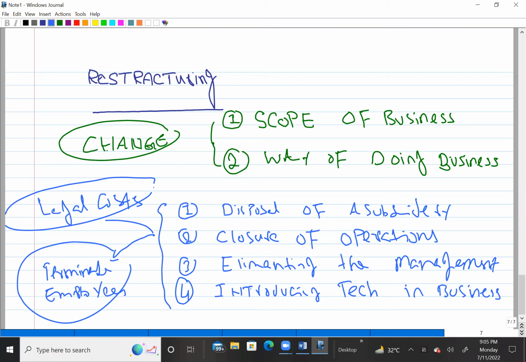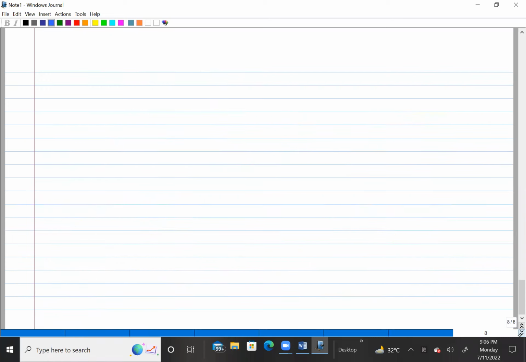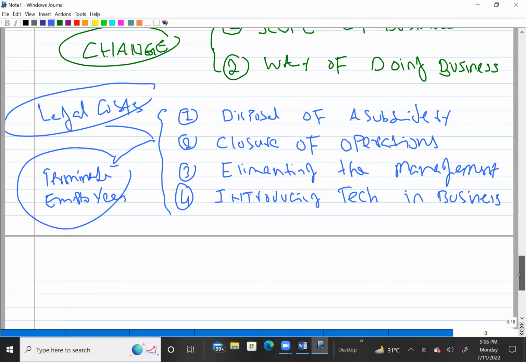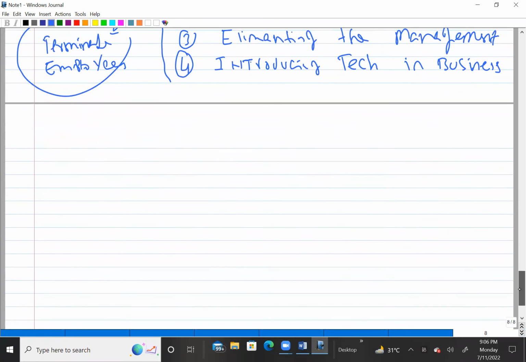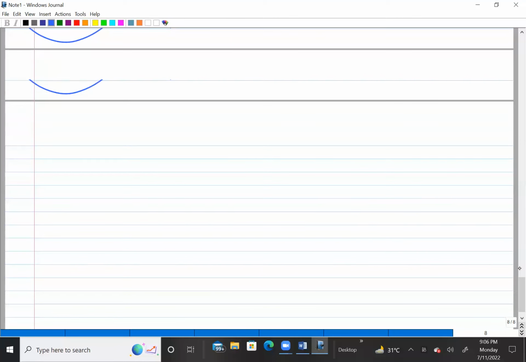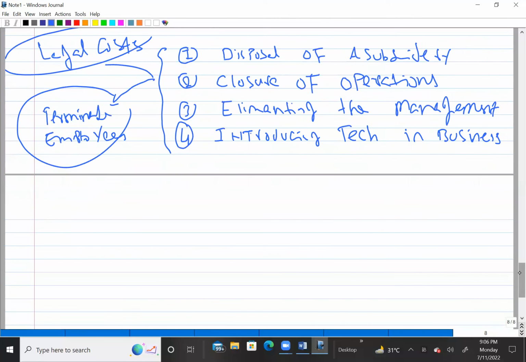Now, by law, when we terminate the employees, we have to give them some benefits, which are known as redundancy cost. So we have to recognize a restructuring provision when any of these things take place, for unavoidable expenditures like redundancy cost. But to recognize the provision for restructuring, there are two conditions which need to be fulfilled.